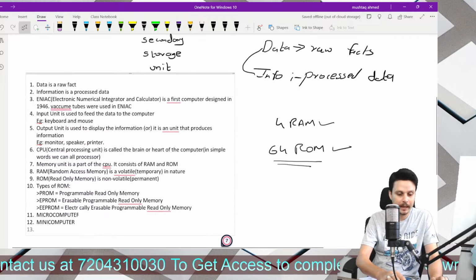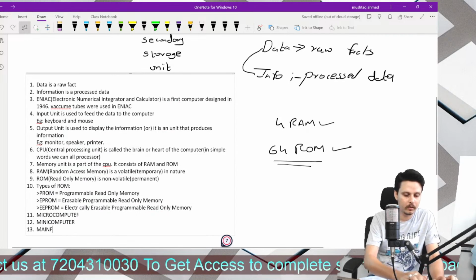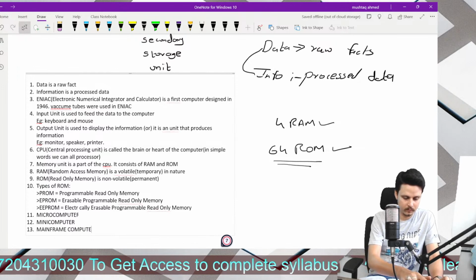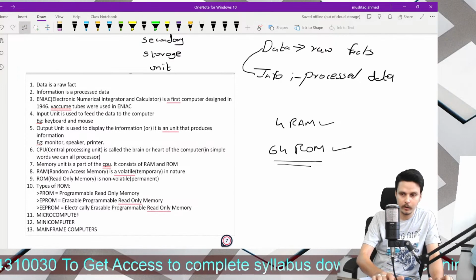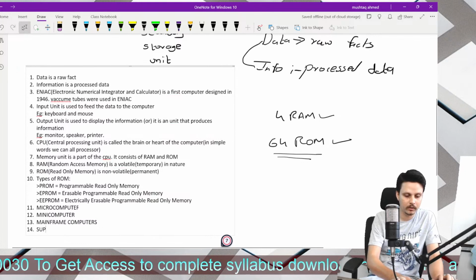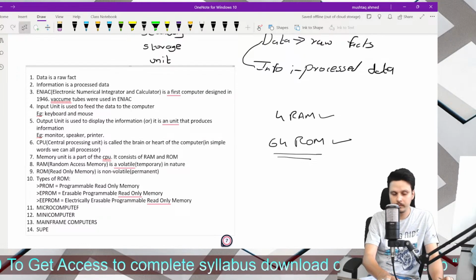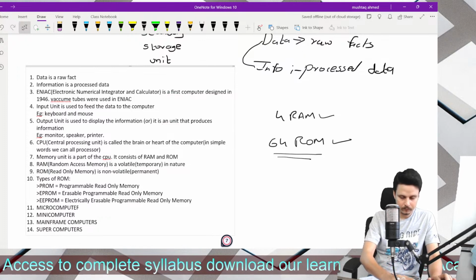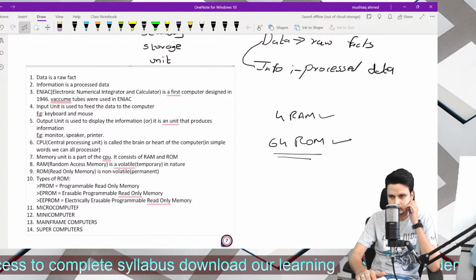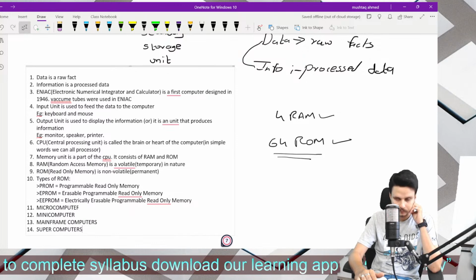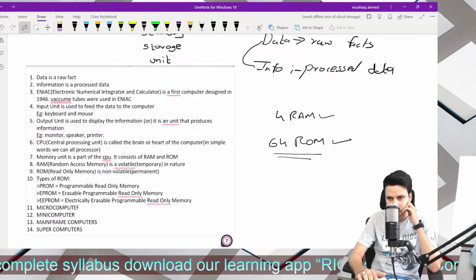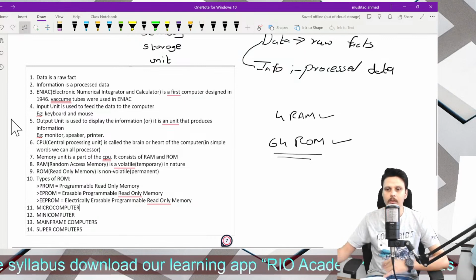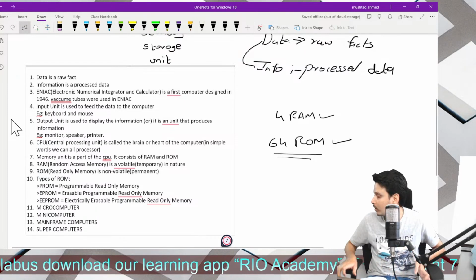What do you mean by mainframe computer? What do you mean by supercomputers?